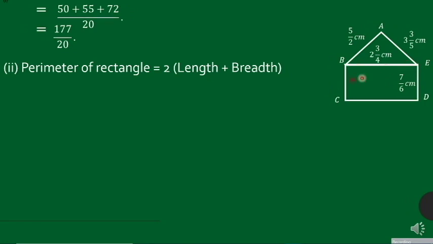Length is equal to BE and breadth is DE. Okay. BE plus DE or AD, both are the same thing. So what is the value of BE? BE is 2 whole 3 by 4 centimeter and ED is 7 upon 6 centimeter. Put the value here.